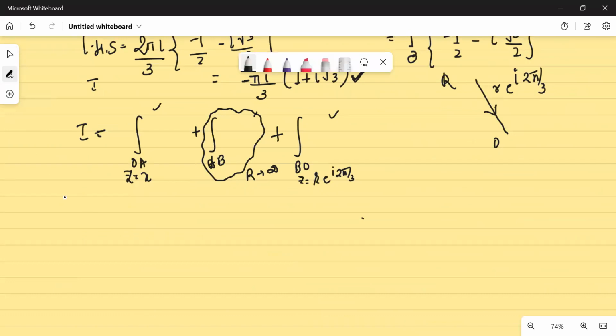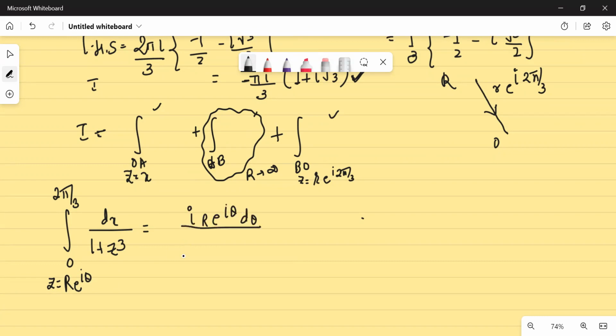So here I'll write 0 to 2 pi by 3, and the integration is dz upon 1 plus z cube. Z is equal to r e to the power iota theta. So here you will get r e to the power iota theta d theta, and you have an iota here, and then 1 plus r cube e to the power iota theta, an integral from 0 to 2 pi upon 3.